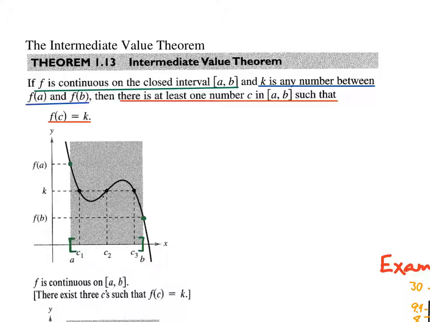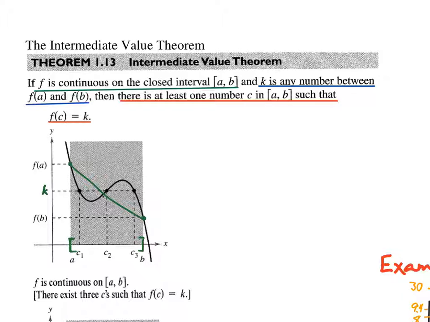So illustrating here, we have this value k. Basically we go across, and because we're traveling from f of a down to f of b, and it's continuous, we know we have to cross this horizontal line at k somewhere. The only way we could miss that horizontal line is if it were not continuous and we jumped over it.